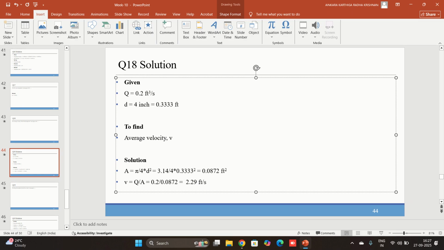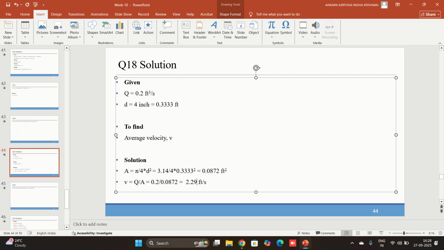second only. So for that, to maintain feet per second, we calculated everything in feet. Q is 0.2 feet cubed per second, D is 4 inch. We convert inch to feet, and find the average velocity, where A is pi by 4 d squared.